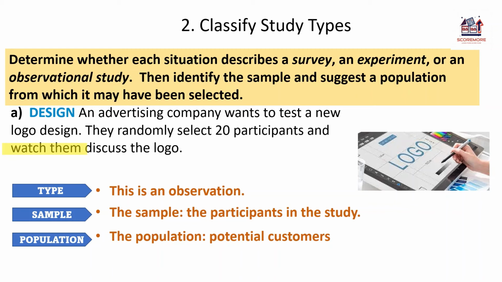In this question, we have the word watch. So obviously, it's an observation. Sample is the participants and population is the potential customers.